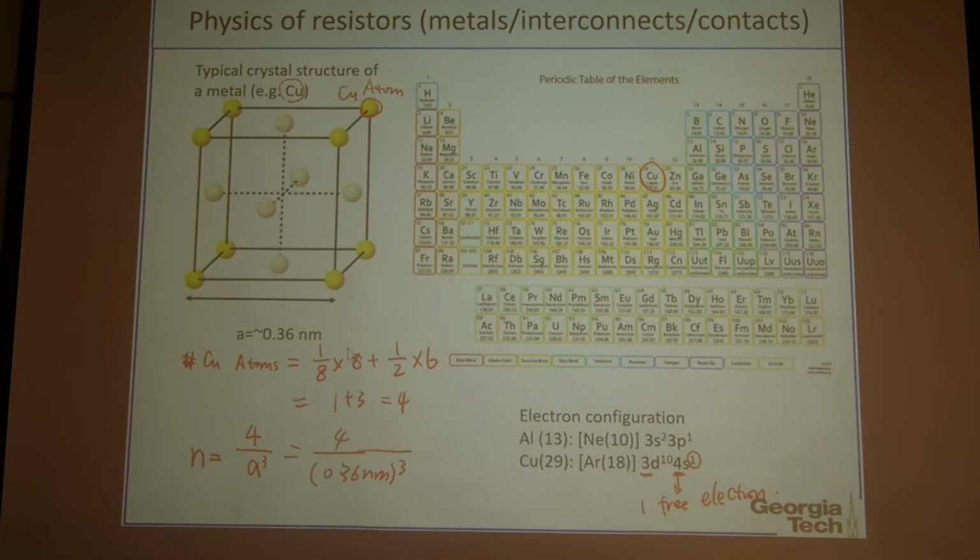But you have 8 of them, so it's 1/8 times 8. And then for those in the center of the face, half of them belong to the cell. And then you have 6 of them. So it's like this, it's 1 plus 3, so you have 4. And 4 in this A cube volume.